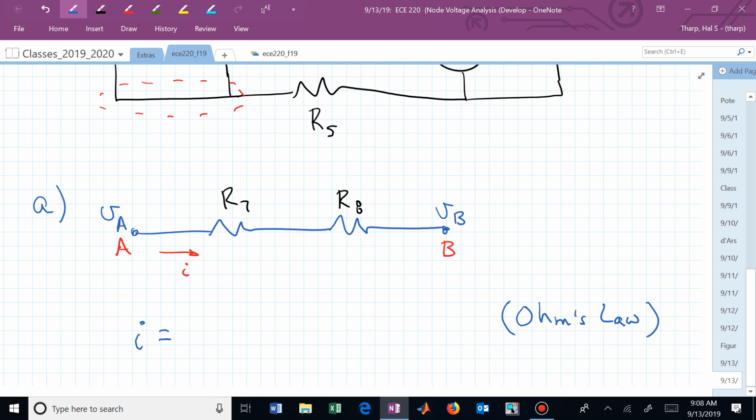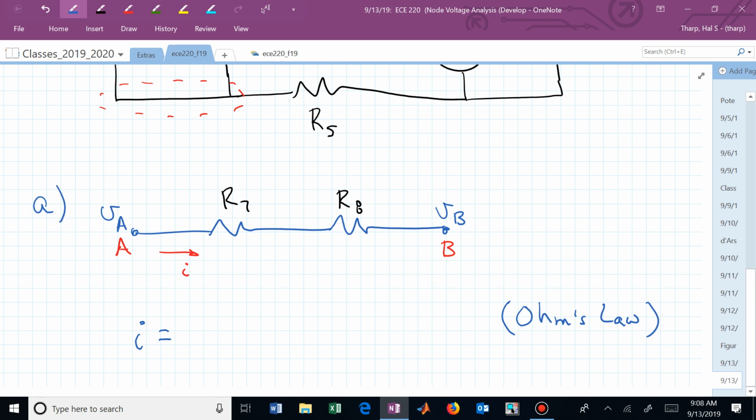And that's V sub A, which is where I'm starting, minus where I'm going, which is V sub B. That's the difference, or the drop in potential across those two nodes, and I divide by the series combination of R sub 7 and R sub 8.